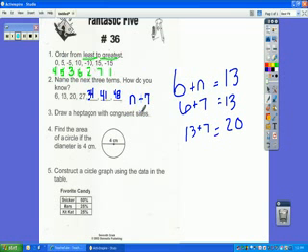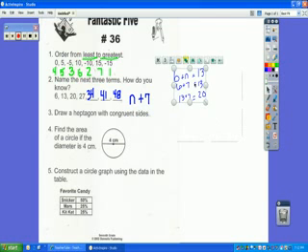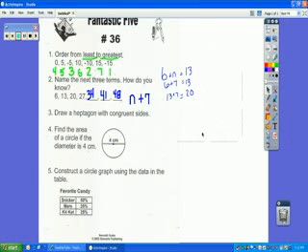Draw a heptagon with congruent sides. A heptagon is merely a 7-sided polygon. Alright, and congruent sides means that all these sides must be equal.